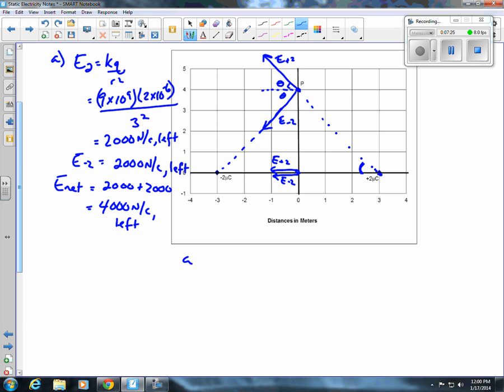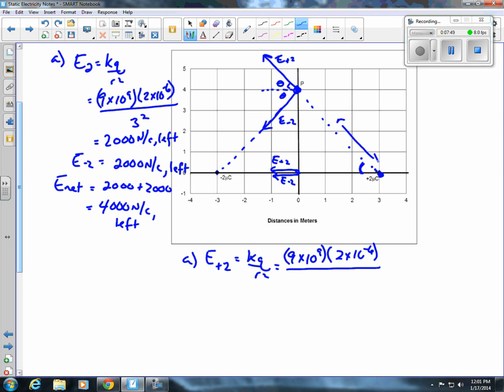So first, we're going to say E for the plus 2 is kQ over R squared, which is 9 times 10 to the 9th times Q, 2 times 10 to the minus 6, over, what's R? R is the distance from my point to my charge, so it's this distance here.